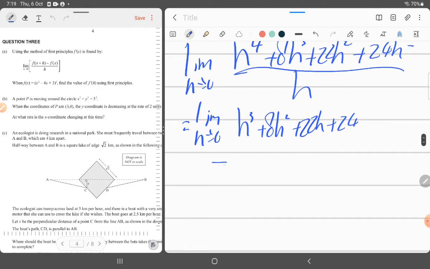We can just plug zeros in for each, and we get 24. To be honest, I don't have my calculator on screen, but I'll test it again: the derivative of x squared take away 4x plus 3 all squared at x equals 4, which is indeed 24.